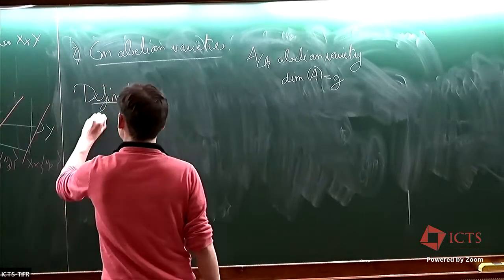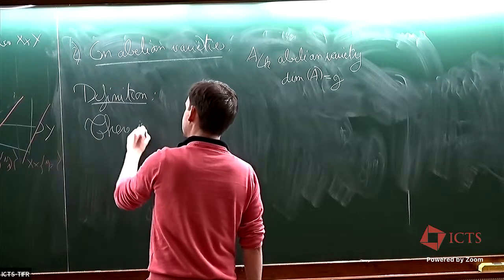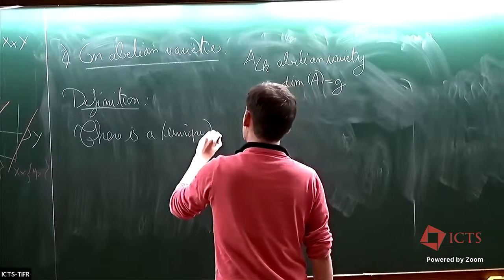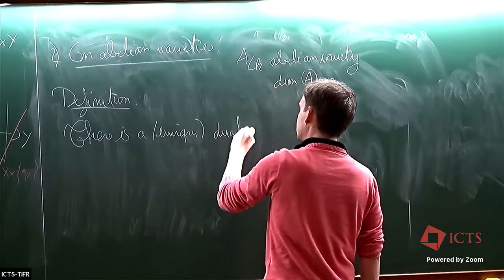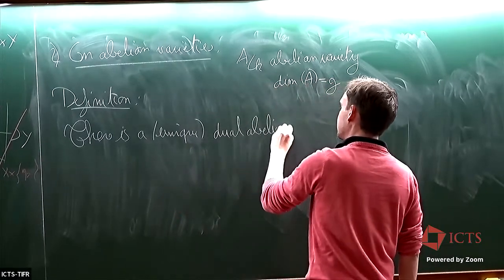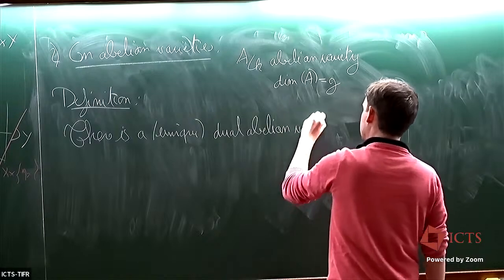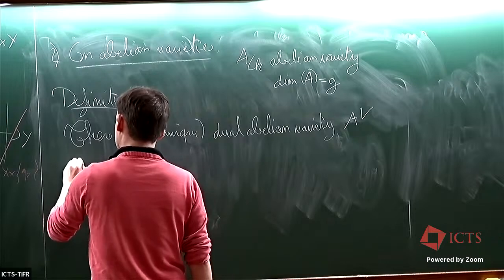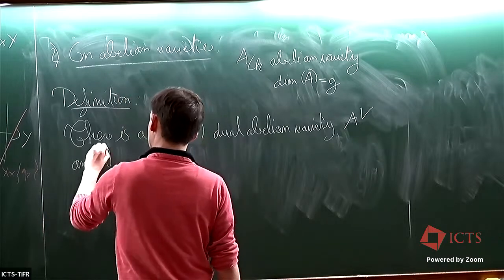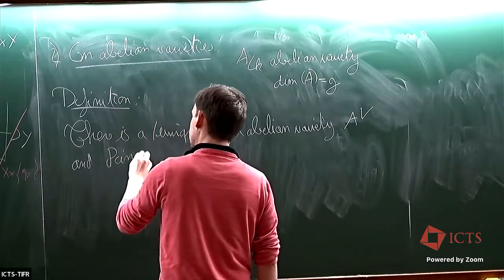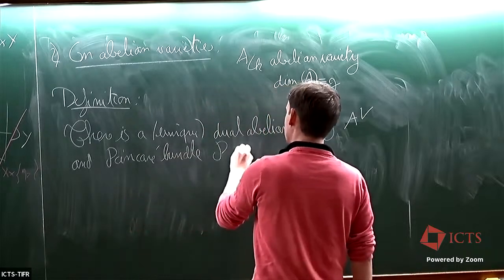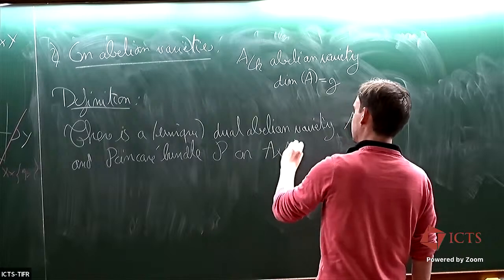So there is a unique dual abelian variety, A dual, and something called the Poincaré bundle P on A times A dual.